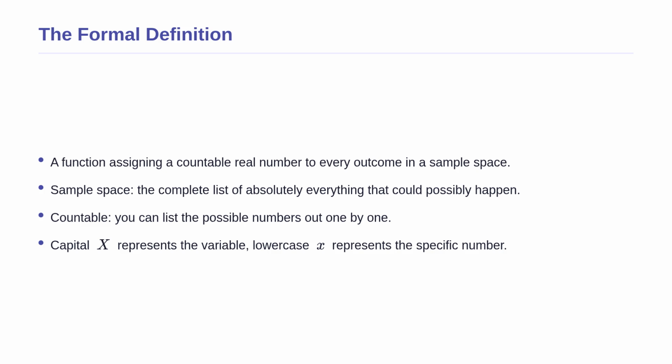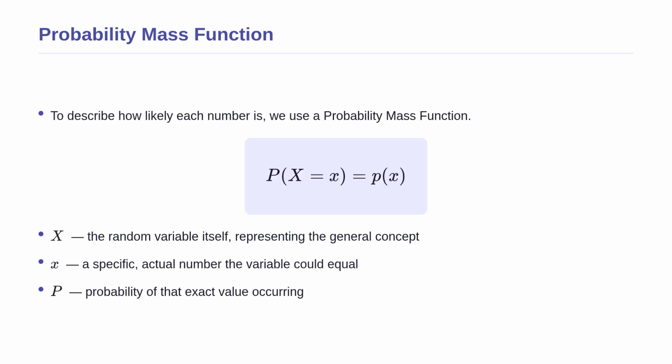The function acts like a machine, stamping a number on each outcome. Countable means you can list the numbers out, like 0, 1, 2, and 3. We usually represent the general random variable with a capital X, and the specific number it takes with a lowercase x.